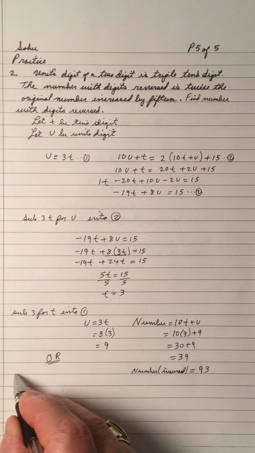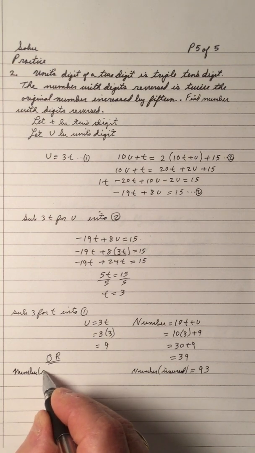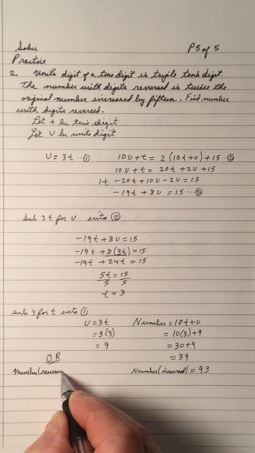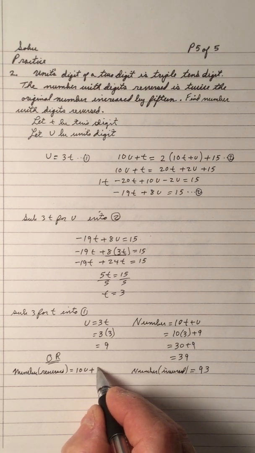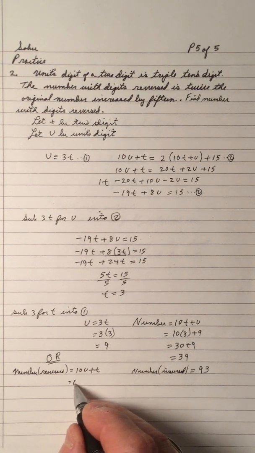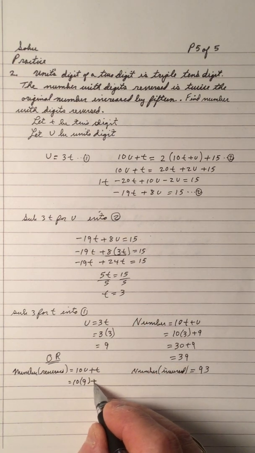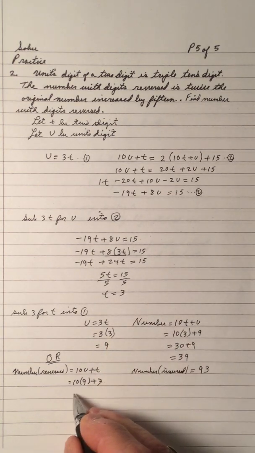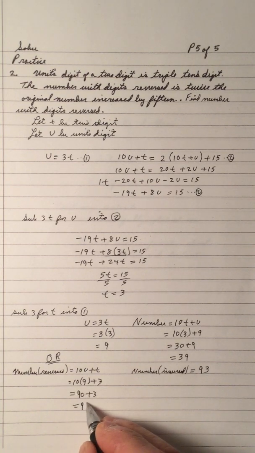I could have said the number with the digits reversed is 10u plus t. So I can go 10 times the units digit, which is 9, plus the tens digit is 3. So that would give me 90 plus 3, which is 93.